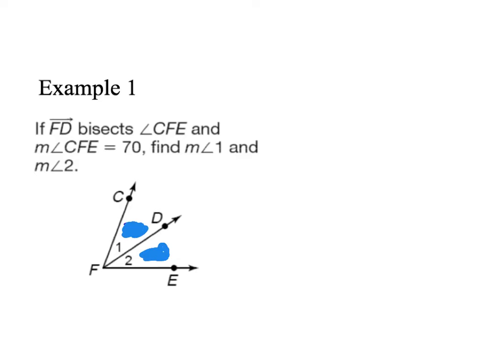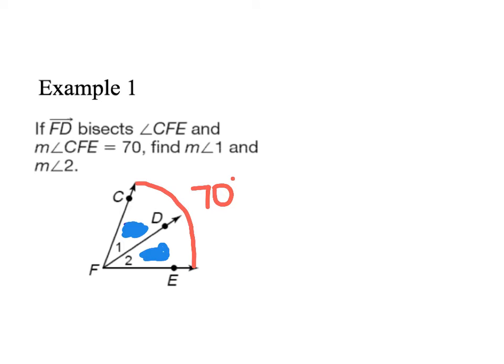For example, if FD bisects angle CFE and the measure of angle CFE equals 70, then find the measure of angle 1 and the measure of angle 2. So in this picture it says that CFE, this whole thing here, is 70 degrees.